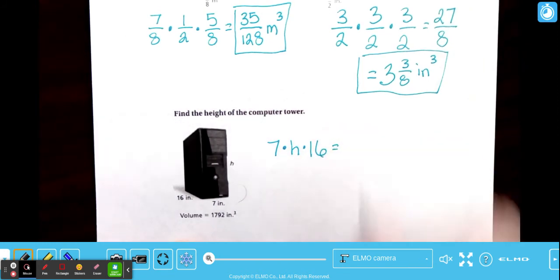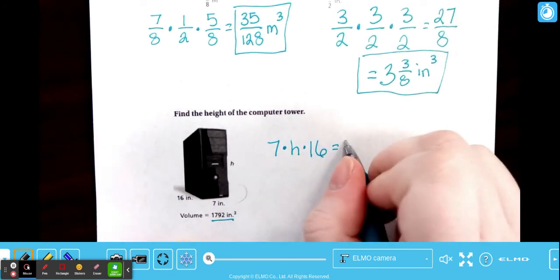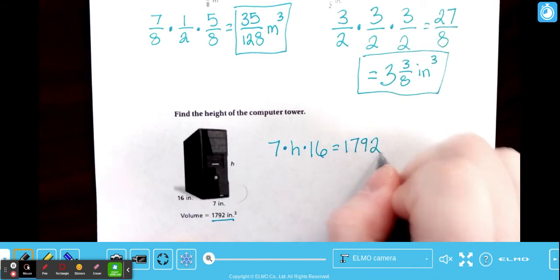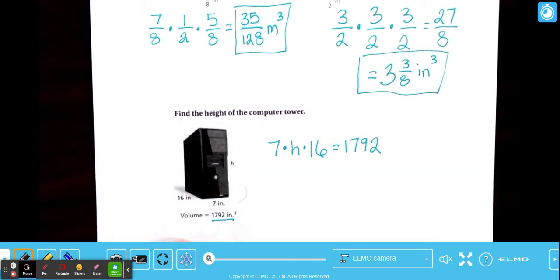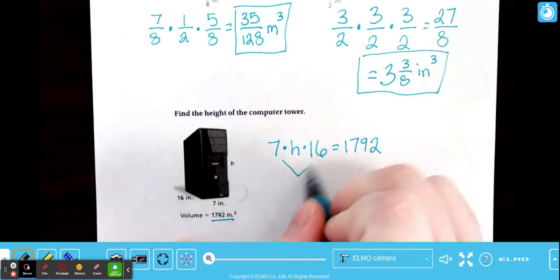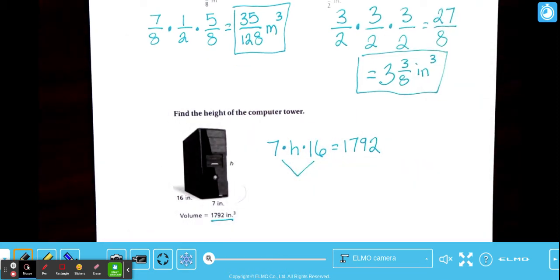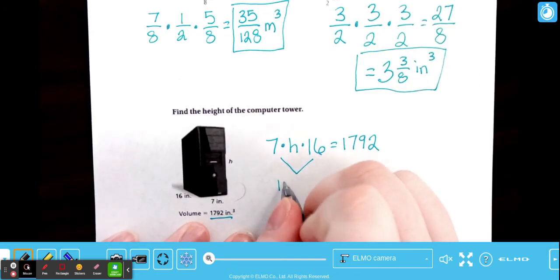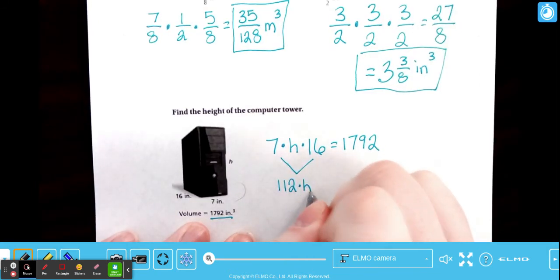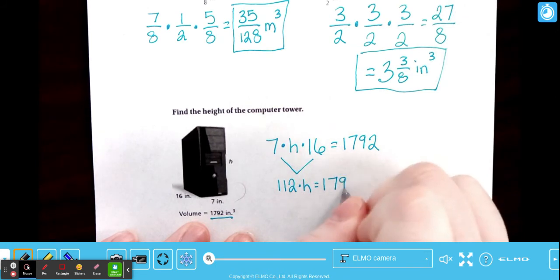Okay, and we know that that should all equal 1,792. So we're going to simplify as much as we can on the left-hand side first. So we'll do 7 times 16. 112. So we end up with 112 times h equals 1,792.